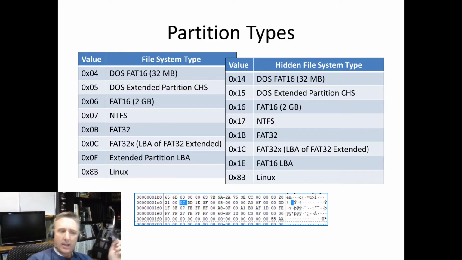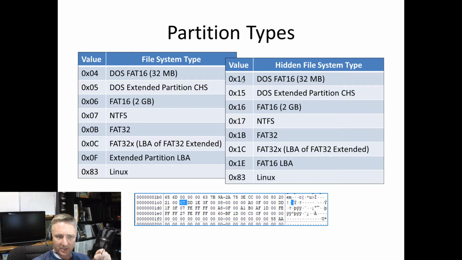Okay, this may be important to you because you may be looking at a drive, and FTK Imager or any sophisticated forensic suite is going to notice this right away. But if it had a value of 17 here, it would still be NTFS, but we would know that the owner of the computer went through some trouble to make this a hidden partition.